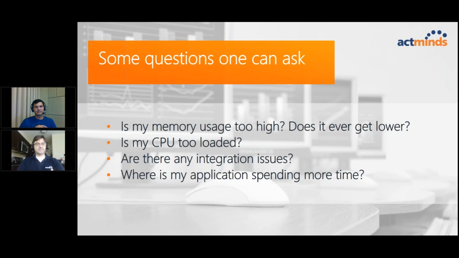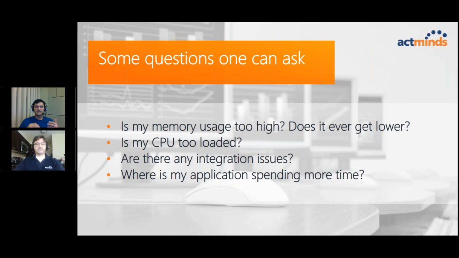Okay, so we might start thinking about memory. What's the memory usage pattern we're seeing? Is it too high? Do we have spikes? Do we have peaks in memory usage? Right? What about CPU usage? Is my CPU under too much load?